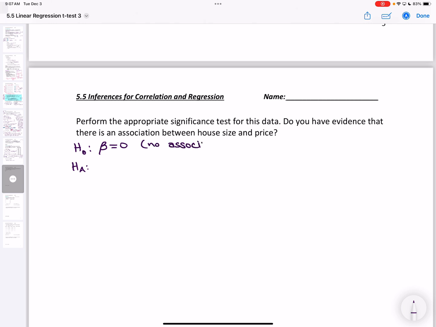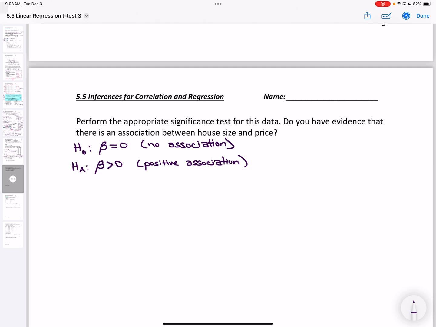I write it in parentheses because it just helps my brain. So I'm going to choose on this one to say beta is what? What do you think? Greater than, yes. Because it looks like there is a positive association, right? And a positive association means as x increases, y increases. So as house size increases, price increases. Okay?